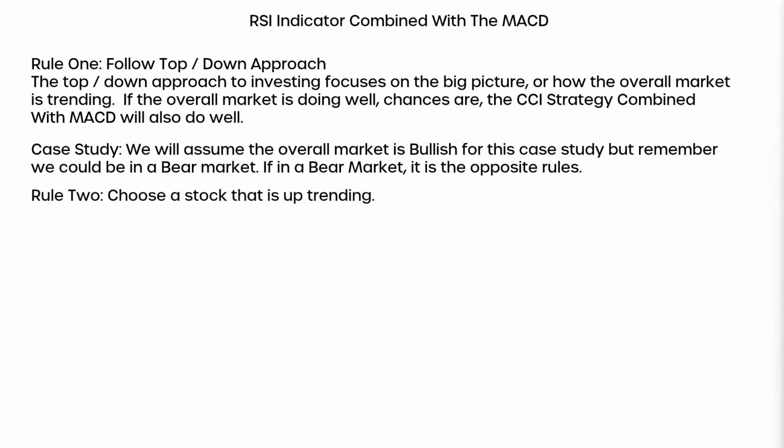Rule 2, choose a stock that is uptrending. An uptrend describes the price movement of a financial asset when the overall trend direction is upward. In an upward trend, each successive peak and trough is higher than the ones found earlier in the trend. The uptrend is therefore composed of higher swing lows and higher swing highs.